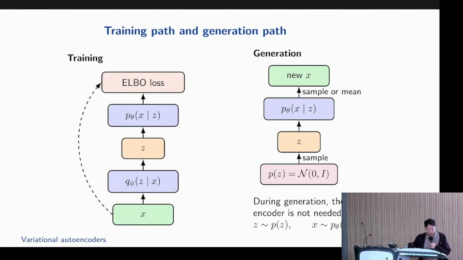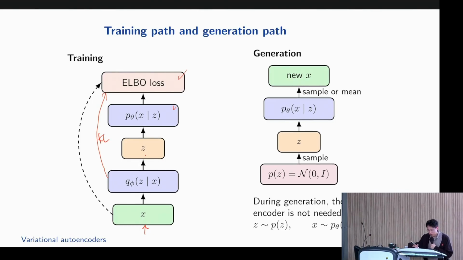Here is the block diagram view of what's different during training and generation. During training, we sample a batch of data x, pass it through the encoder, sample z, pass it through the decoder, and this defines the ELBO loss. There's also a loss contribution from the encoder, the KL loss.